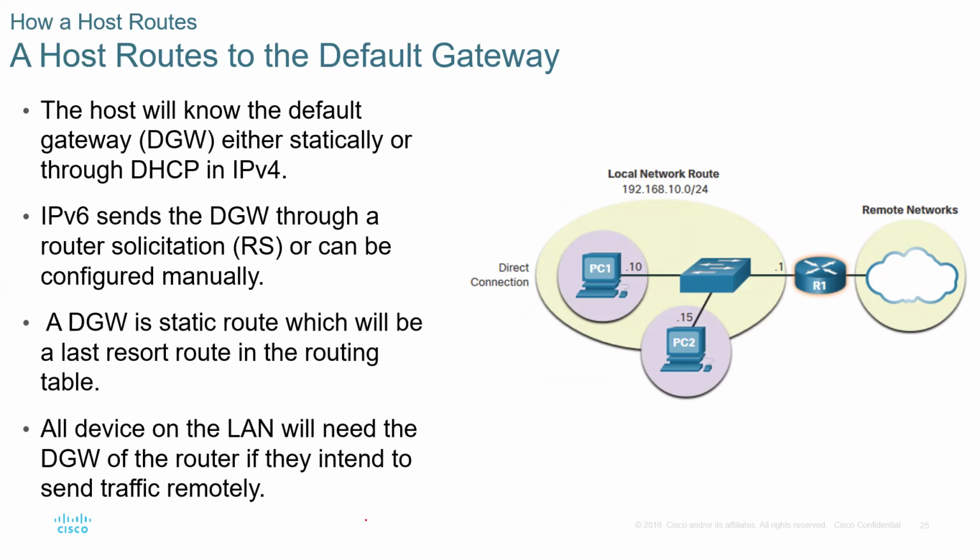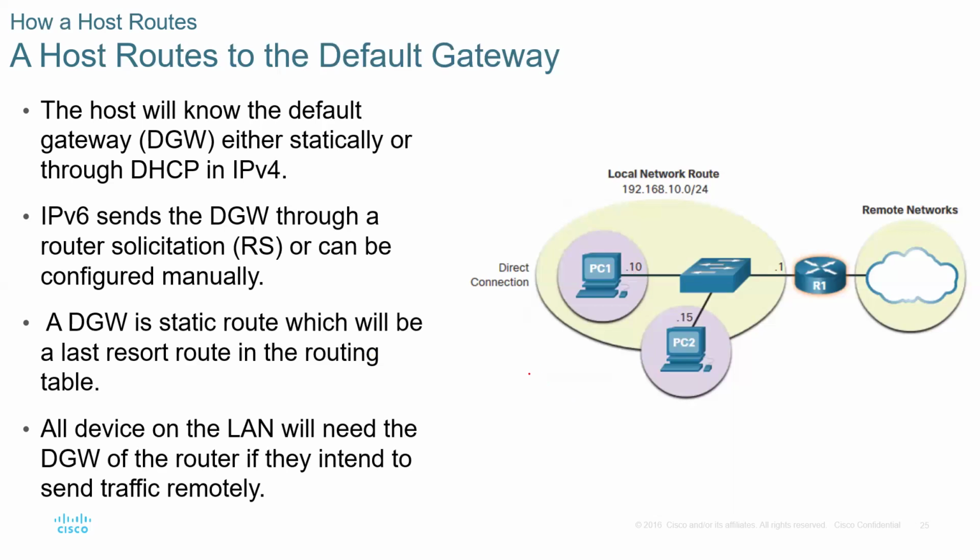It's sort of the DHCP of IPv6, automatic address assignment. Right, the default gateway is a static route, which will be a last resort route in the routing table. When we talk of a last resort route, let's say you have a packet in this network. You want to send, let's say we have two devices, .10 and .15.